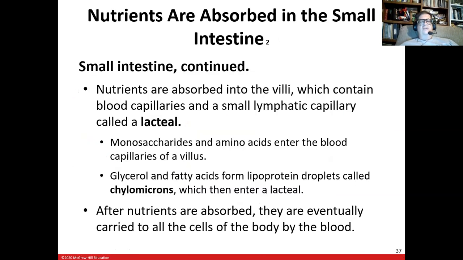All right, the small intestine. Small intestine continuing, nutrients absorbed into the villi, which contain blood vessels and little lymphatic capillaries called lacteals. Simple sugars and amino acids enter the blood capillaries. Glycerol and fatty acids form little drops called chylomicrons, which enter the lacteals.